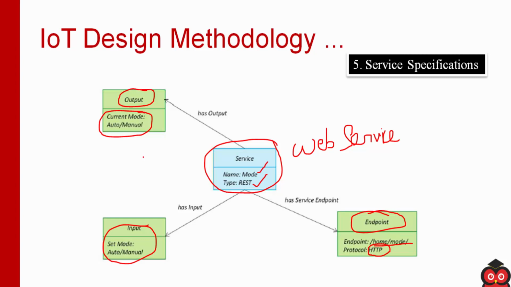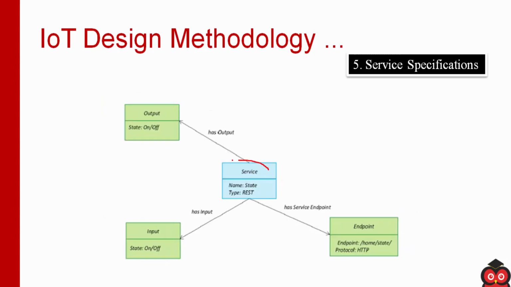So this is the mode service, and the next service is the state service, on or off. We have state for the light bulb, no? The light bulb state can be either on or off. Again, this is a REST service. That means it is a web service which will be running on the server, and our endpoint for accessing the service is this one, /home/state.